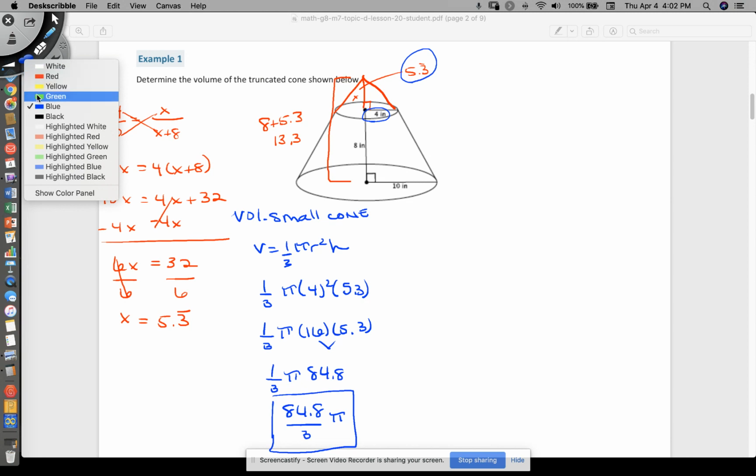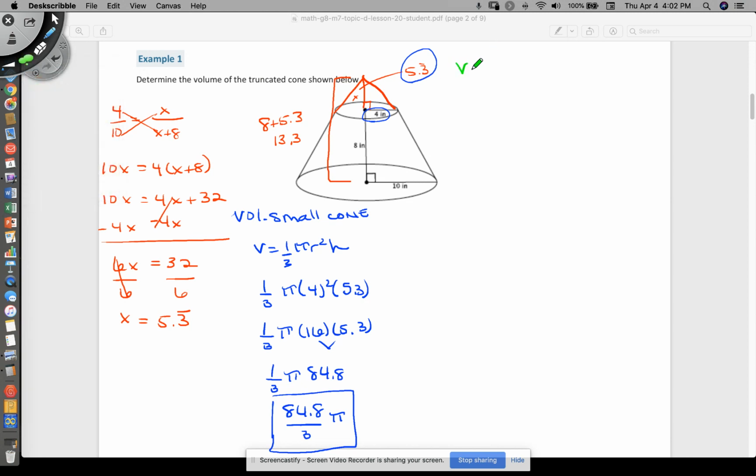Now I'm going to find the volume of the larger cone. The volume equals 1/3 pi r squared h. 1/3 pi. Now I'm going to use this one down here as 10, so 10 squared times my height. My height's not just the 8, my height's the whole thing, so I'm actually going to use the 13.3.